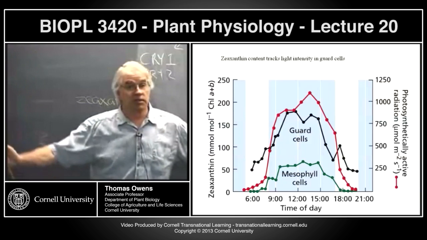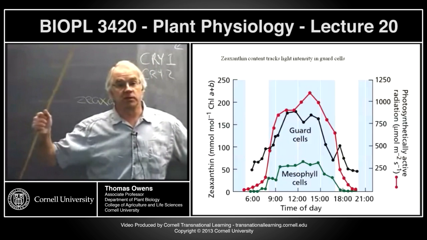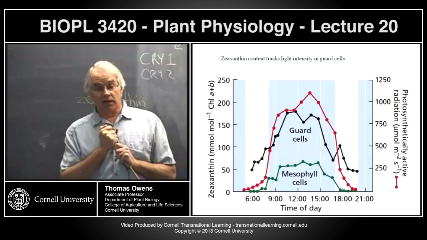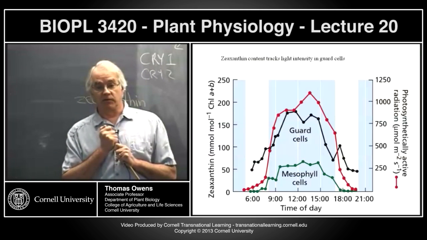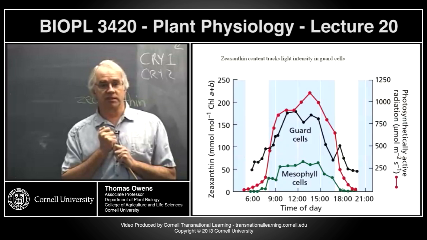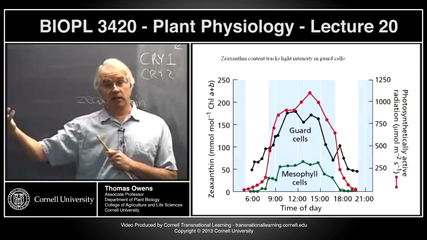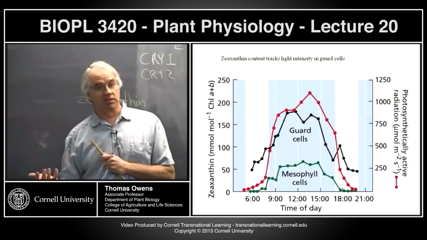And let's start with this figure, because one of the things that we talked about is that guard cells can't produce a lot of photosynthate, but more importantly, guard cells are never exporters. They're always net importers. So there's no normal sink for the products of photosynthesis in guard cells.